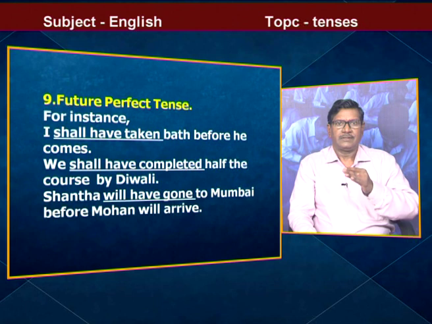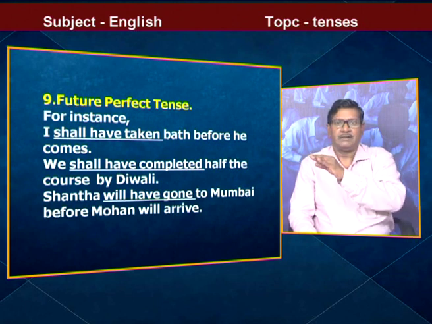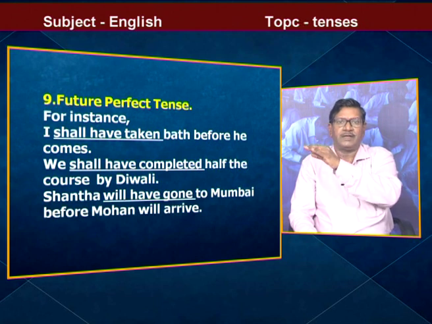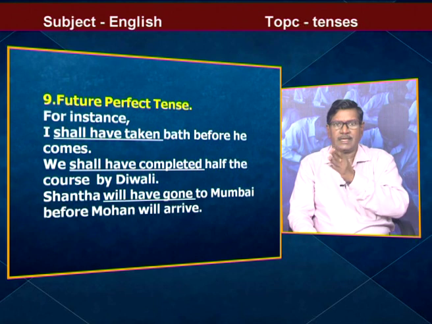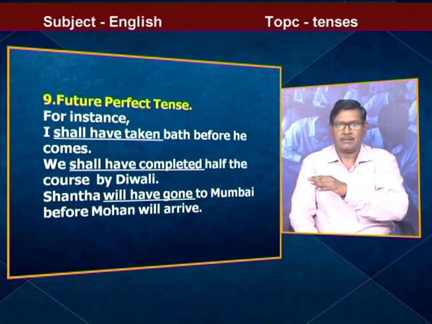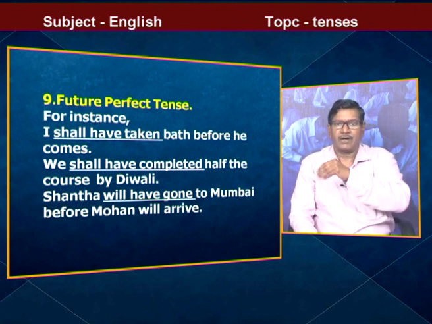That means the action will be completed before a certain point of time in future. I shall have taken bath. Taking bath will be completed sometime in future before he comes. వాడు వస్తాడు, వాడు రాకముందు నేను స్నానం చేసి రెడీ ఉంటాను.